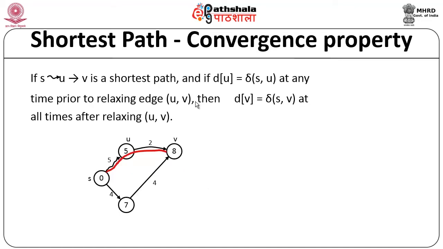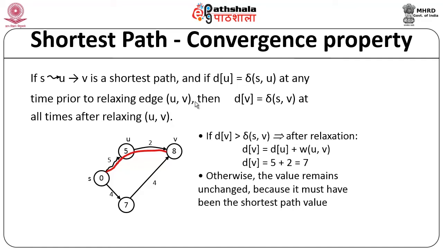Next you have the convergence property. If s to u to v is the shortest path and if dU is equal to delta(s,u) at any time prior to relaxing the edge uv, then dV is equal to delta(s,v) at all times after relaxing uv also. So, this is called the convergence property, as you can see from the diagram. If dV is greater than delta(s,v), after relaxation dV will be dU plus w(u,v).